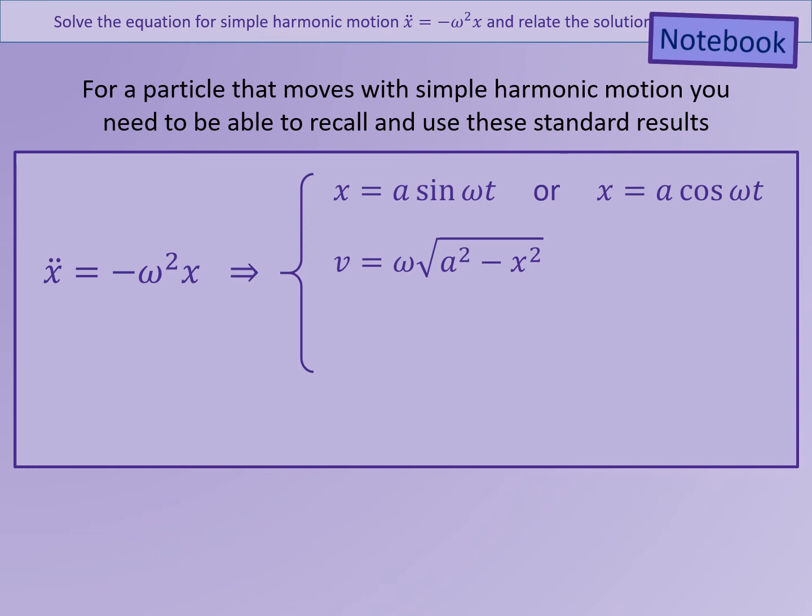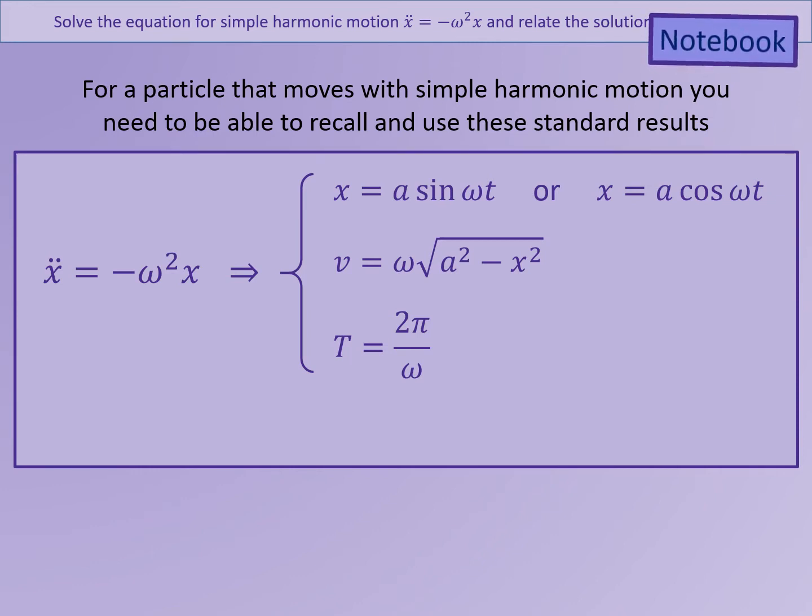And then the final one is just making sure you know what the periodic time is. So time is 2 pi over omega. That talks about what omega is. You may have a situation where you've got periodic time, and because you know what periodic time is, you could do 2 pi over periodic time equals your omega value.